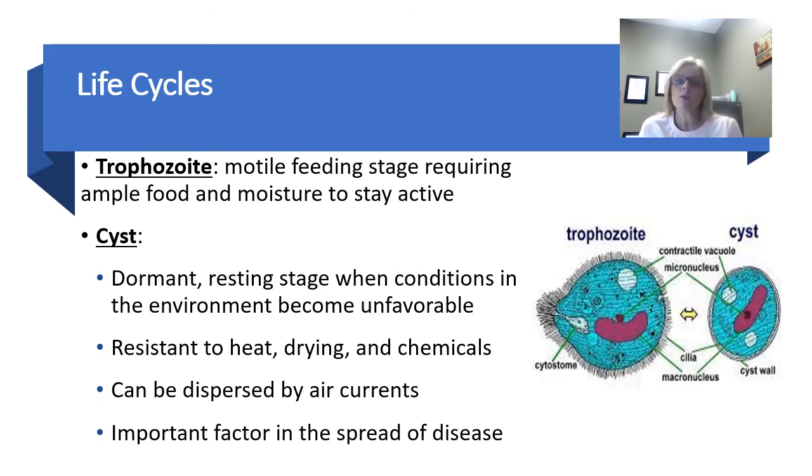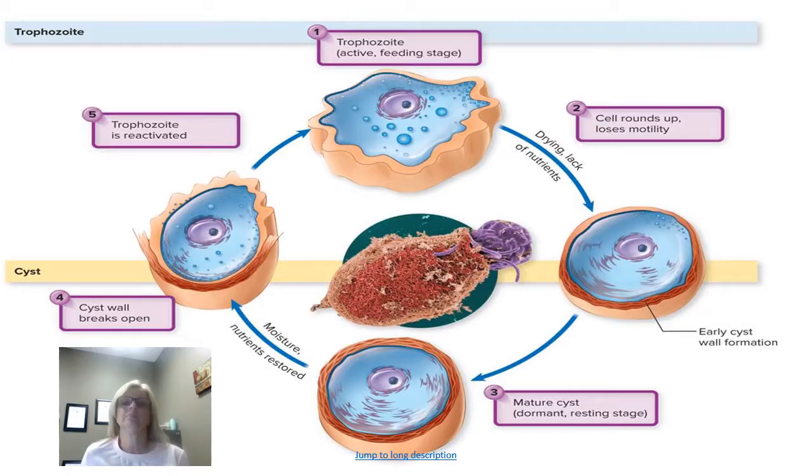If they have enough moisture and nutrients, then the cyst is going to break open and release the active form, which is the trophozoite. Here we see the general life cycle exhibited by many different protozoa. The first stage here is going to be that trophozoite, which is that active feeding stage.